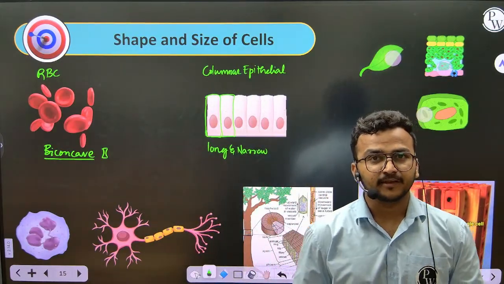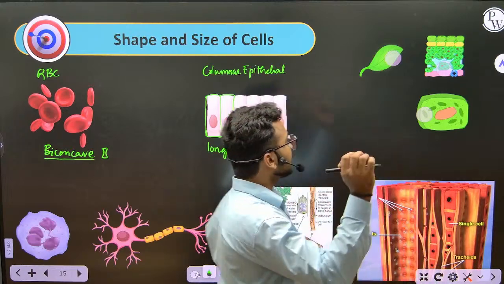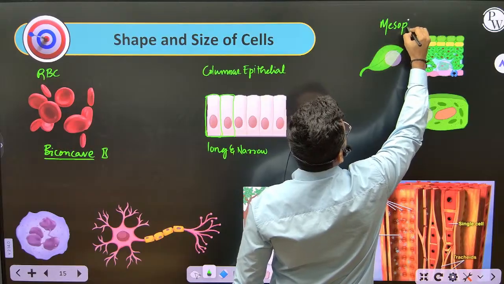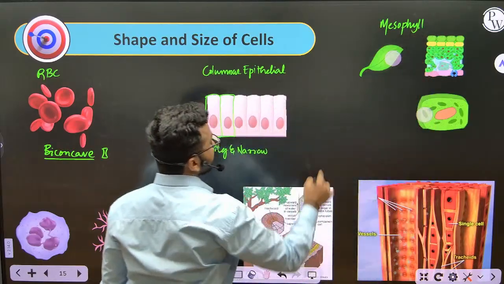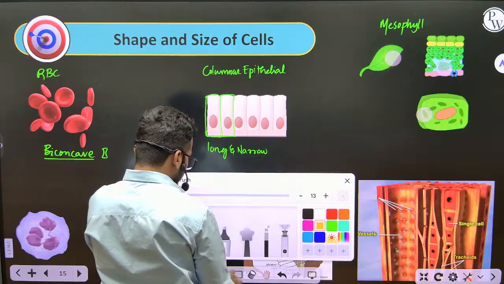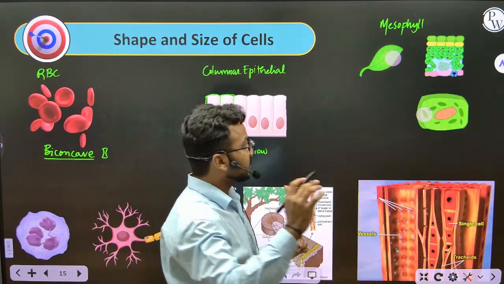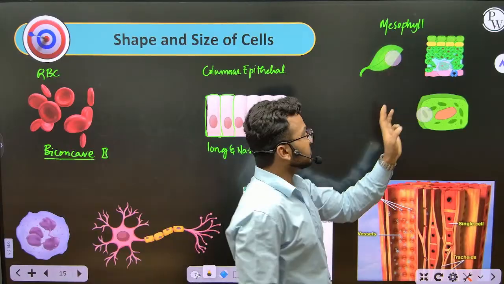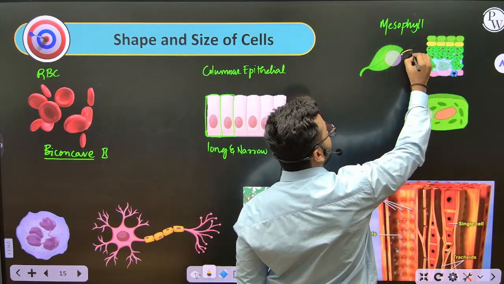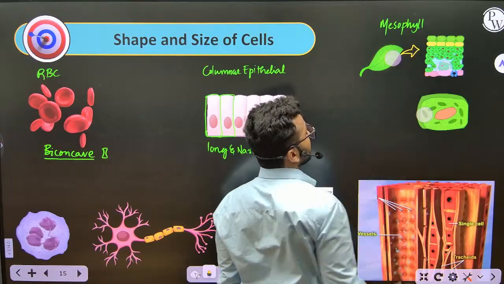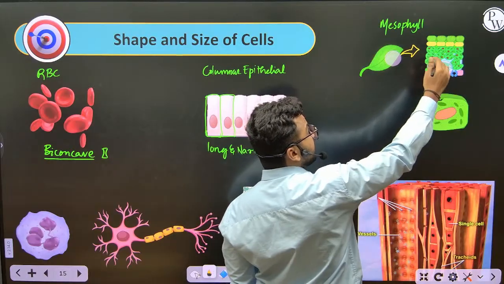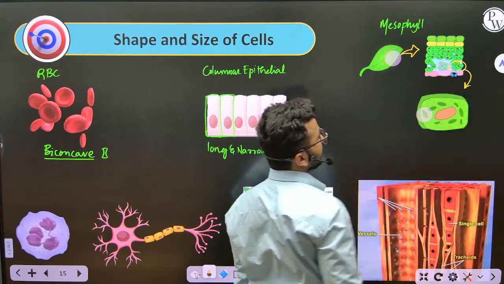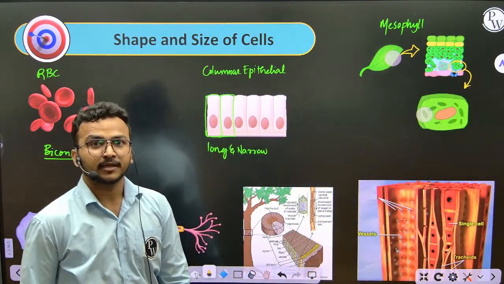Mesophyll cells are given. Here you can see the diagram, so I brought it to simplify. In a leaf, when you observe under a microscope, you will get this kind of shape. This part you are seeing is the mesophyll cell.